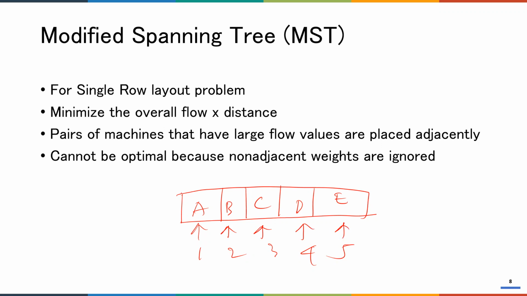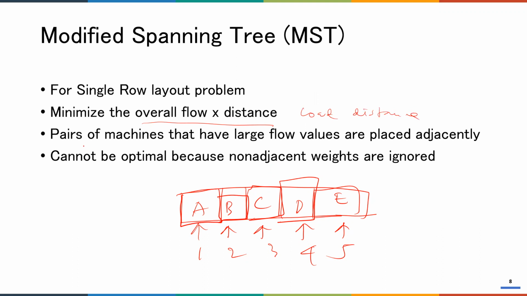In this case, the shape of the departments might be different, so it can be any case, but it's always a single row. The MST tries to minimize the overall flow multiplied by distance, which is the same as the load distance.